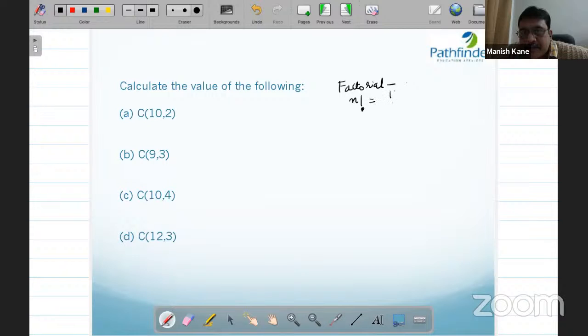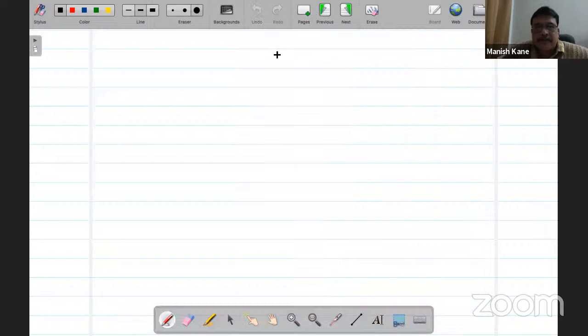Factorial n is nothing but 1 into 2 into 3 and so on till n. If I were to describe, factorial 5 is 1 into 2 into 3 into 4 into 5. And today we will solve questions of CAT. But we have to start with some basics first.